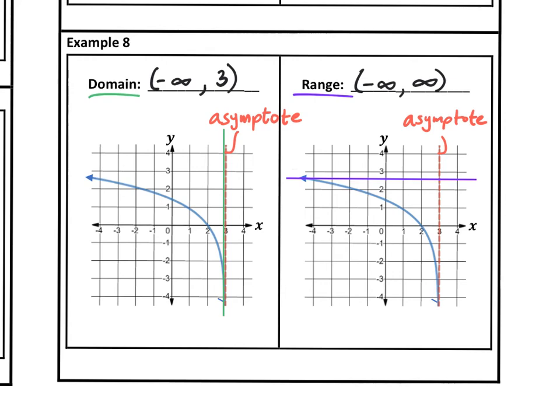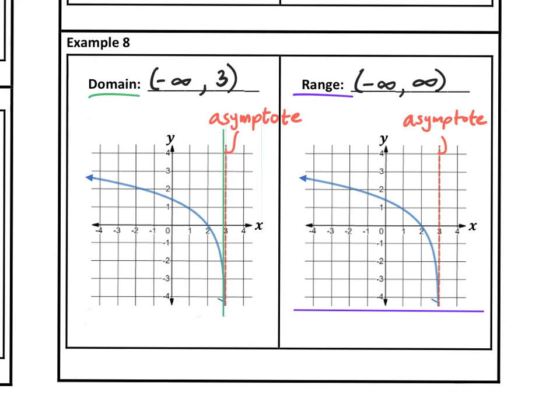Okay, so let me go ahead and summarize this one again. So let's reset. For domain, I'm scanning from left to right. As I'm scanning from the left, there's an arrow, so that means negative infinity. Check. Then I'm moving this green line. I'm still hitting the graph, but then this boundary doesn't allow the graph to cross.